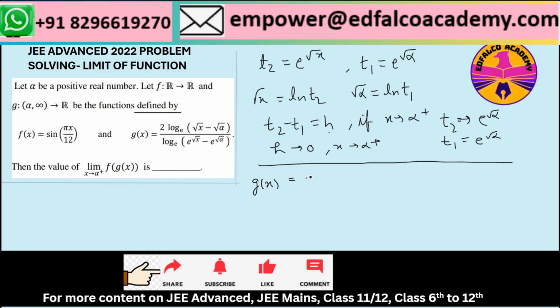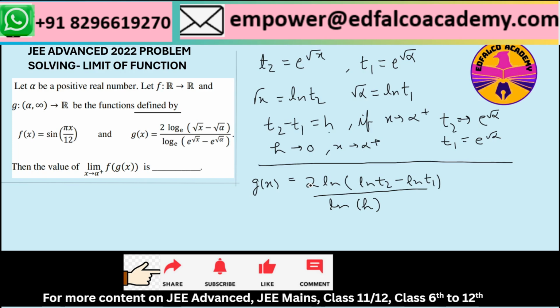So g of x will be 2 times ln of root x की जगह पर हम लिखेंगे ln of t2, और माइनस रूट अल्फा की जगह पे लिखते हैं हम ln of t1, divided by ln of e to the power root x, मेरा t2 था, minus e to the power root alpha, जो t1 है, तो it is nothing but t2 minus t1 which I have assumed as h. So let's simply write it as ln of h. So this is one step simplification of g of x.